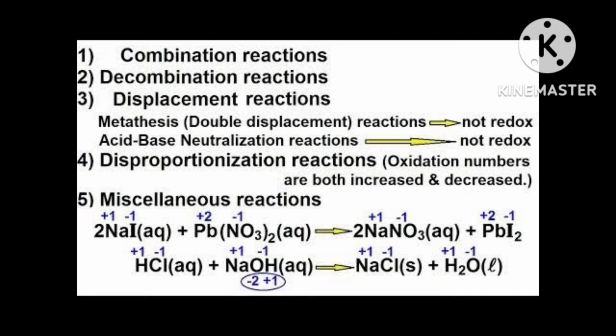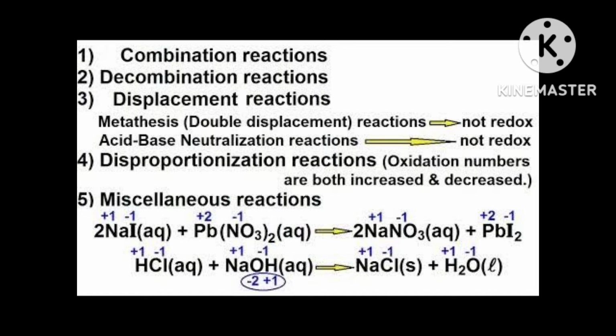Now you can easily calculate. Calcium carbonate, CaCO3: the +2 in one bracket, plus carbon you want to calculate, C in bracket, plus 3 oxygen atoms, 3 times minus 2 in bracket, that is equal to 0, because no charge is there.